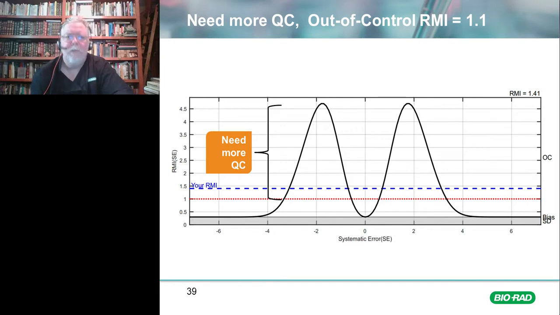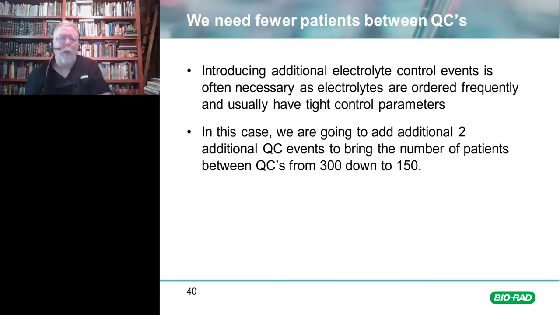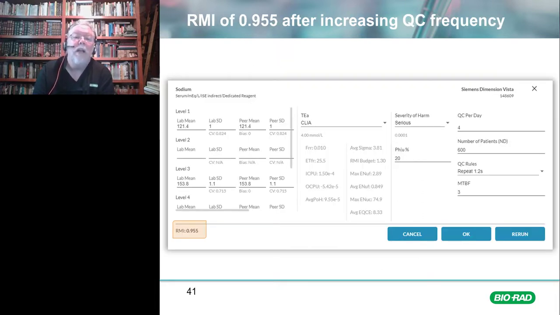So in this case, and last time we took a look at what happens when you change QC rules, but in this case, I'm already using about as powerful a QC rule as I can use. So instead, I need to look at changing the number of patients between QC events. And so what we're going to do in this case is actually do more QC events to drop the number of patients from 300 between QC events down to 150. Well, when I do that, I end up with an RMI of just under 1.